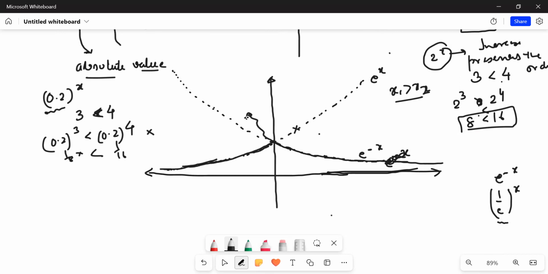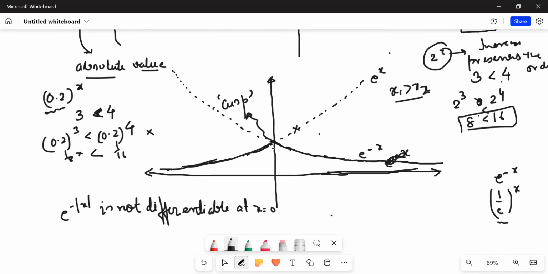Okay. Now, there is a sharp edge here. This particular edge is sometimes referred to as a cusp in the mathematical sense. So there is a cusp at x equal to 0. Clearly, e to the power minus modulus of x is non-differentiable at x equal to 0. So wherever you find these sharp edges, you can say so.